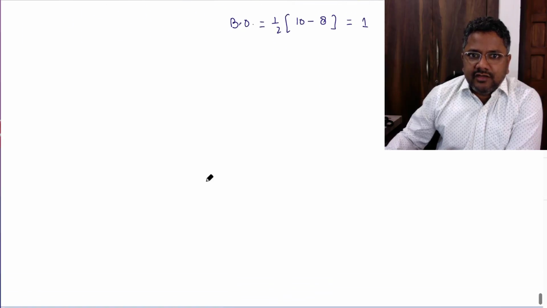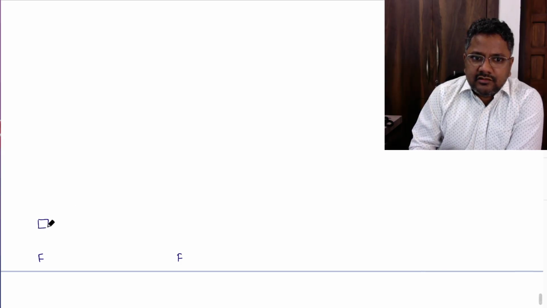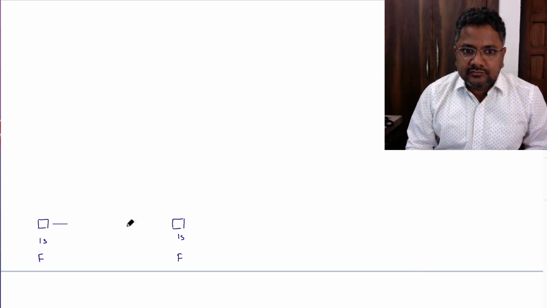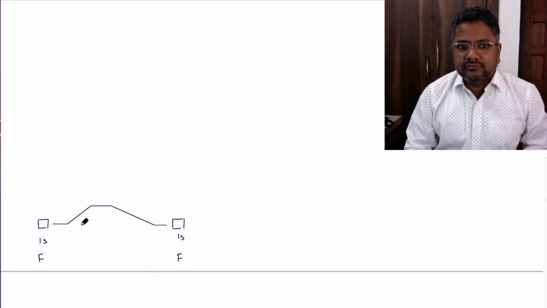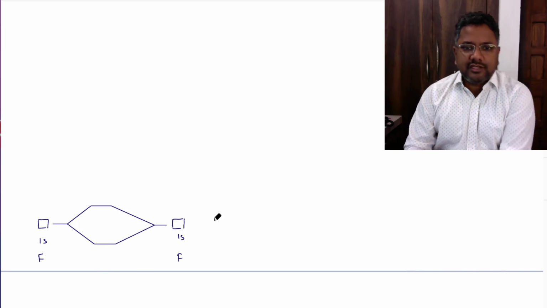For this, we can start from here. 1s, one fluorine atom here, other fluorine atom is here, 1s and 1s. Both have the same energy.